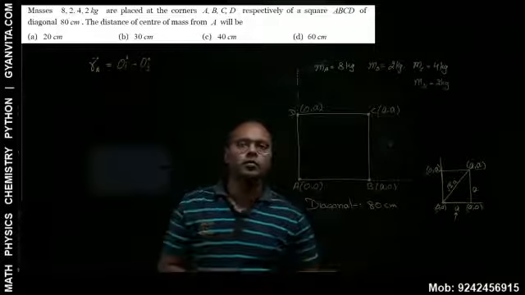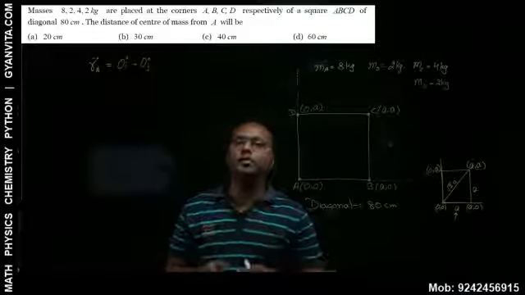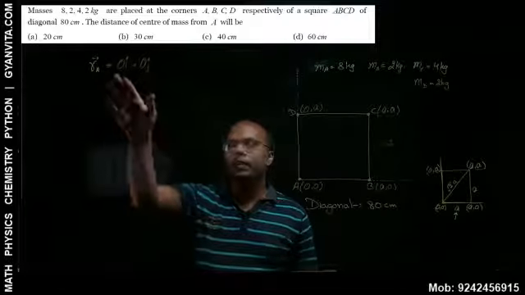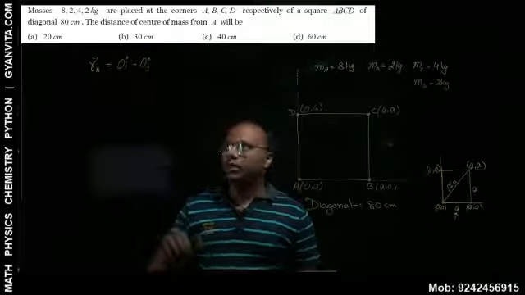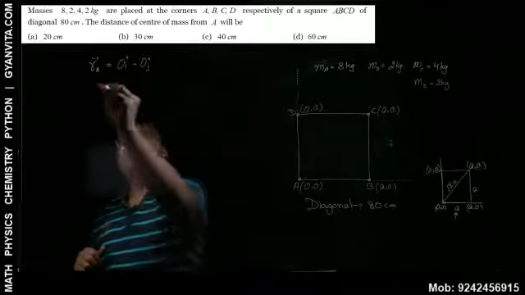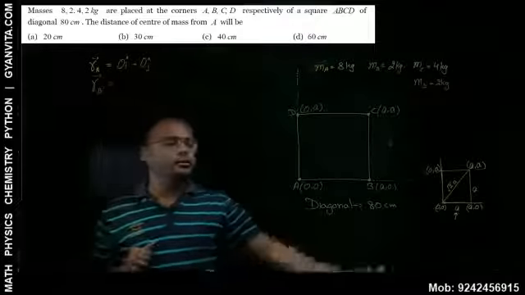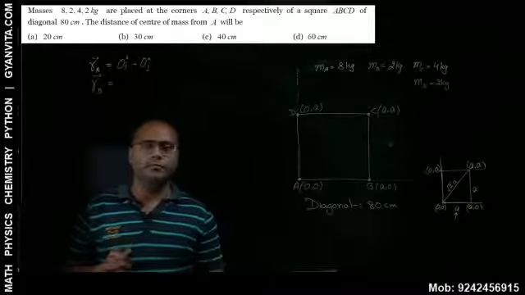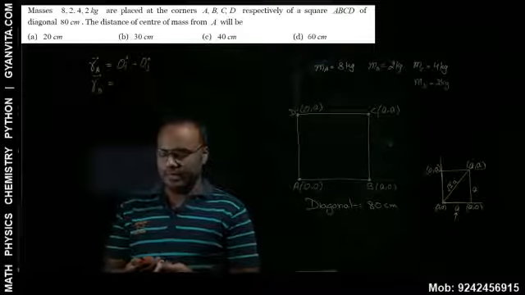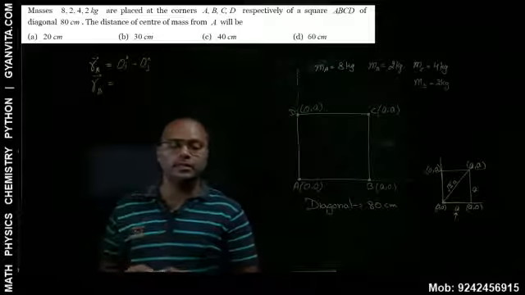So your position vectors will not be only in the form of i cap or only in the form of j cap. It will have both i and j components. So this is the position vector of A. Same way, can someone tell me what will be the position vector of B in terms of A and in this i j form?